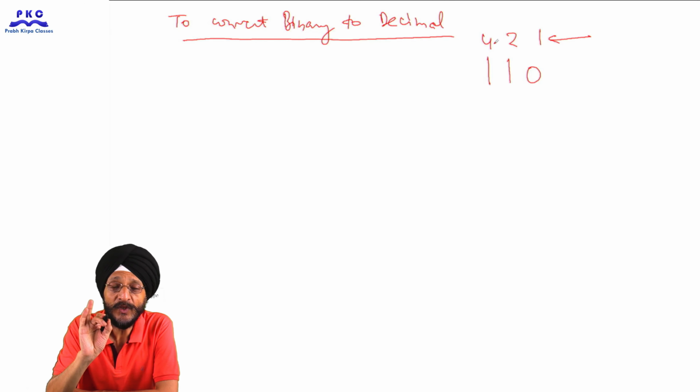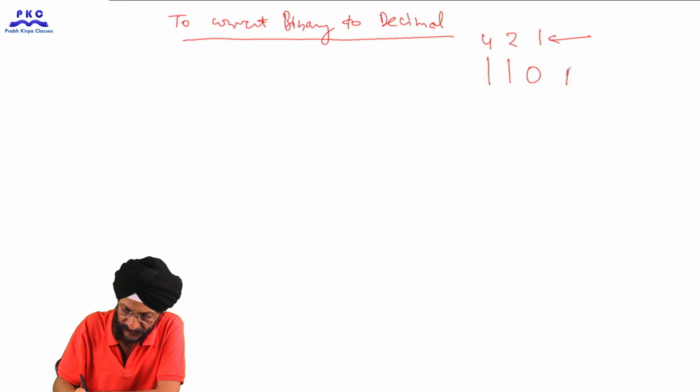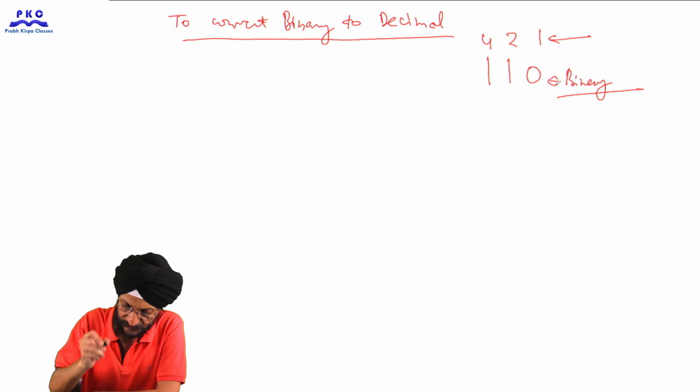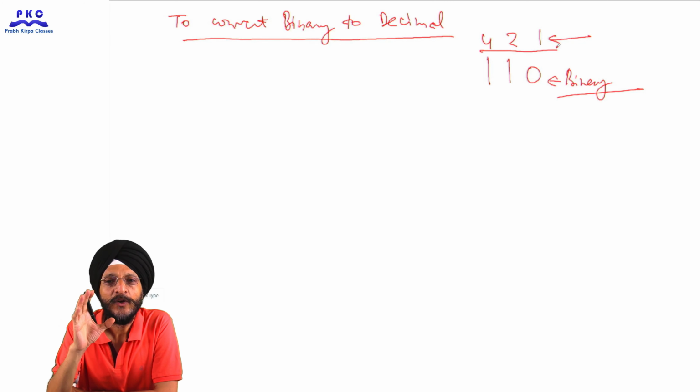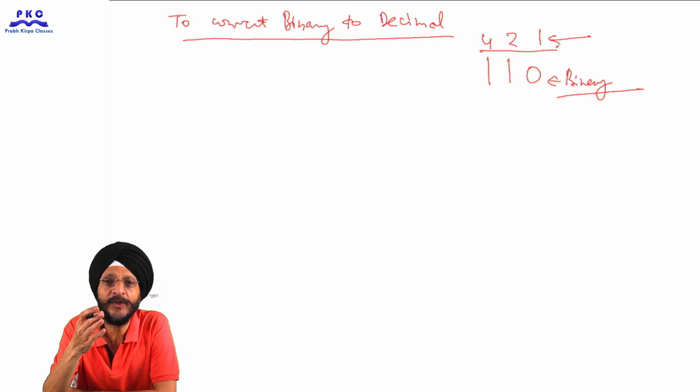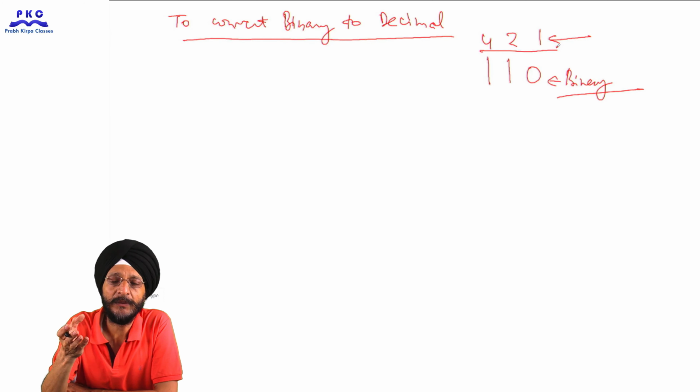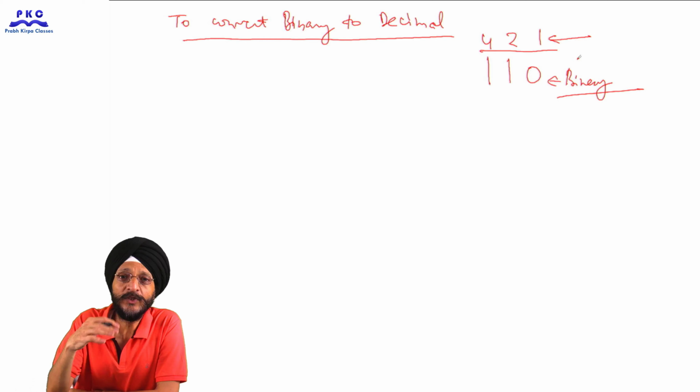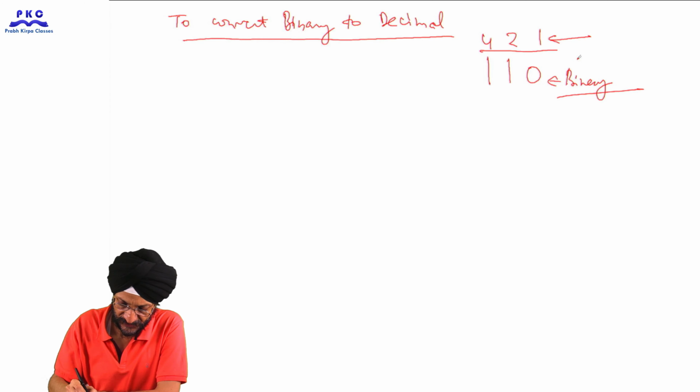Now we will add. This is the binary number 110. This is the formula which we will use to convert the binary number into a decimal number, the normal number which we use in our daily life.